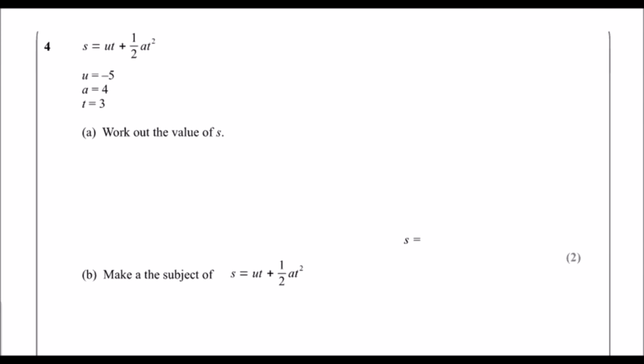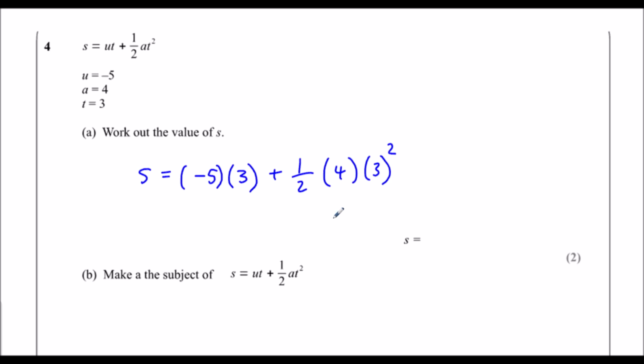Question 4. s equals ut plus half at squared. And we've got u is -5, a is 4, t is 3. Work out the value of s. So we're going to substitute these in. So s is u times t, ut, plus half times a t squared.